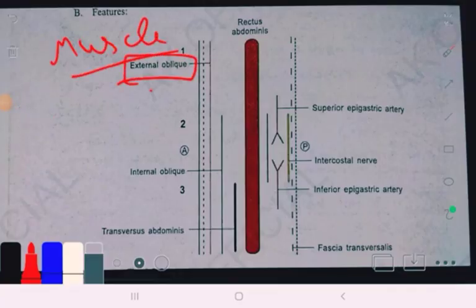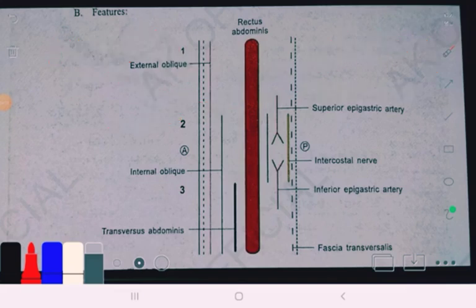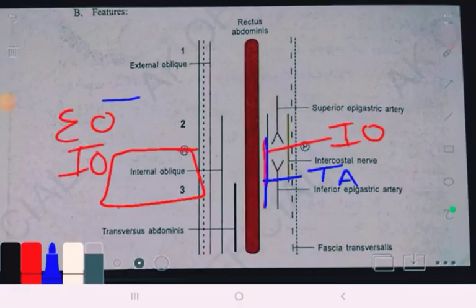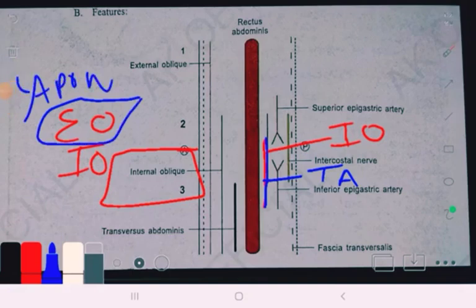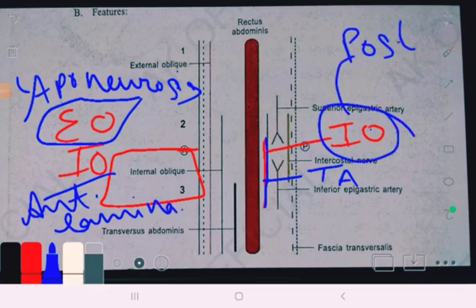Now the muscles forming the anterior wall: external oblique, and there is nothing in the posterior wall above the costal margin. Now below the costal margin, the anterior wall has internal oblique, and the posterior wall has internal oblique and transverse abdominis.